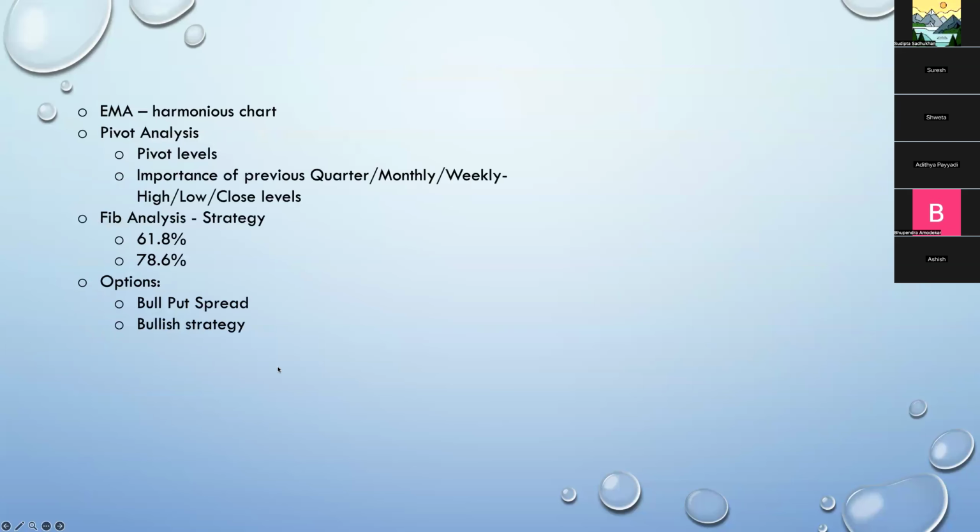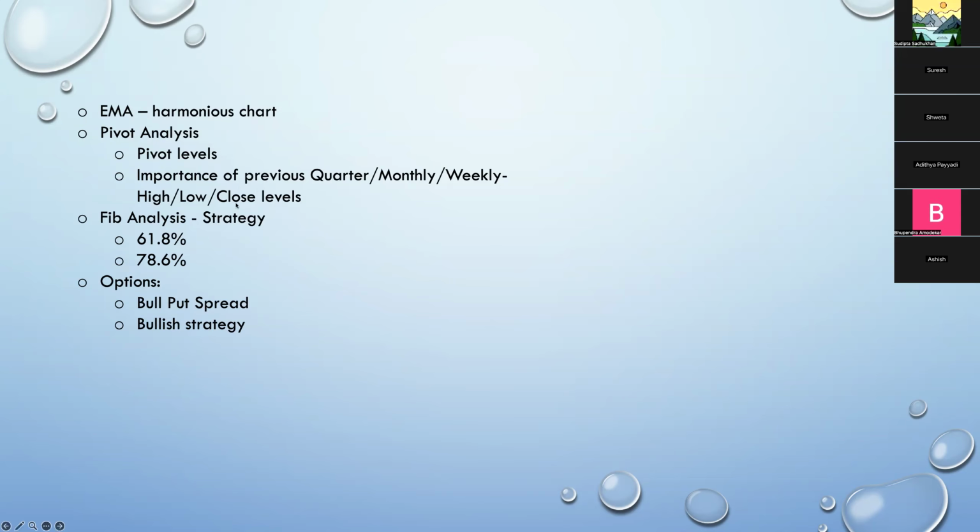Then what EMAs I am using. I am not using any simple moving averages, but mainly exponential moving averages. What moving averages I am using for my charts. Then our main topic starts from pivot analysis and the importance of previous quarter, monthly and weekly levels.